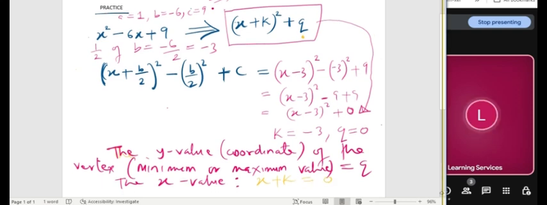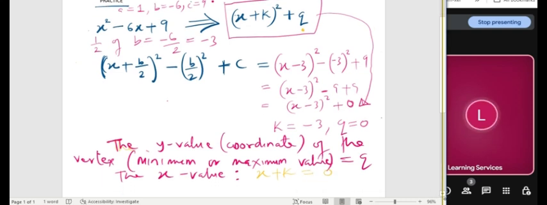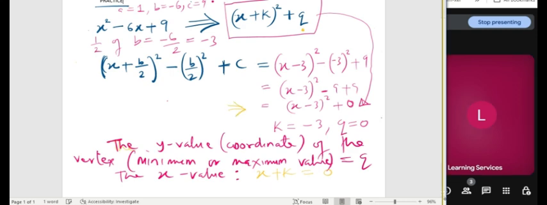In this case, that will be what is inside the bracket. So in this case, what should we express equal to 0? Whatever is inside the bracket equal to 0, to help us get the x coordinate of the vertex. This is what is inside the bracket now, isn't it?